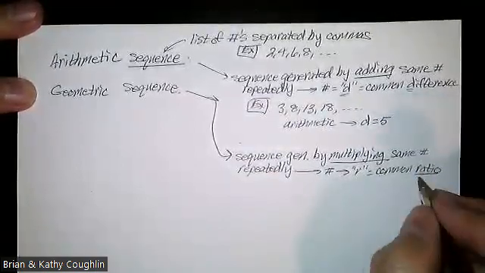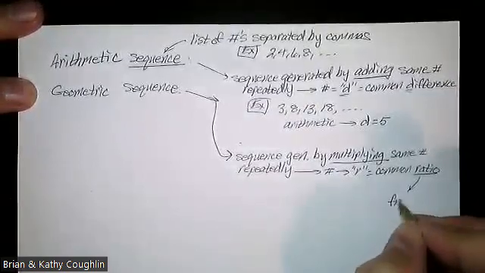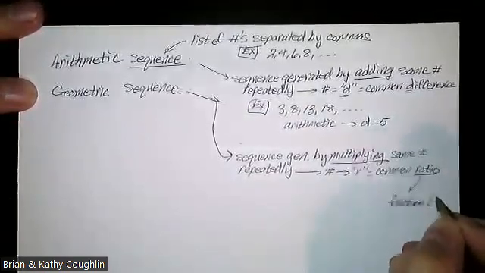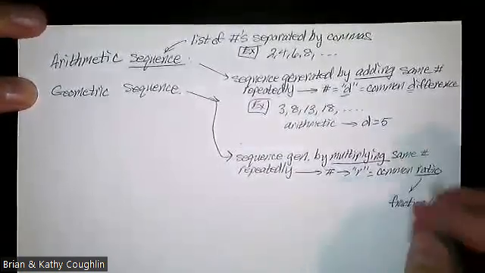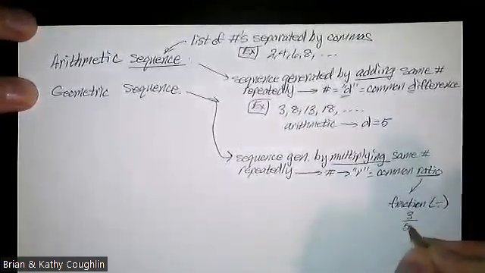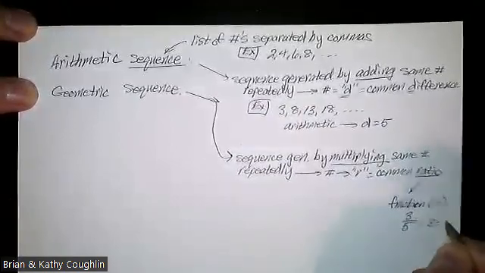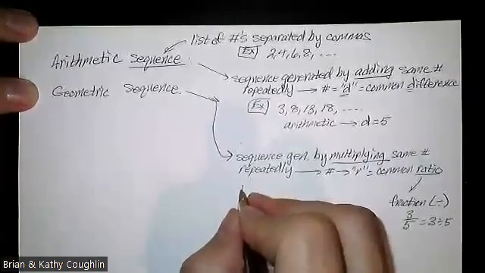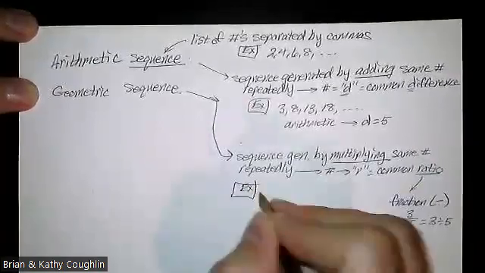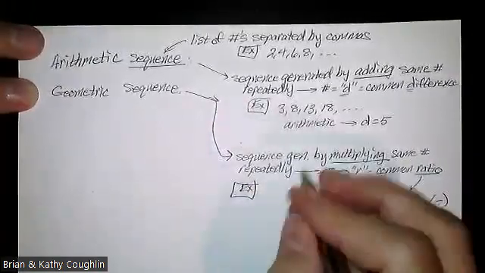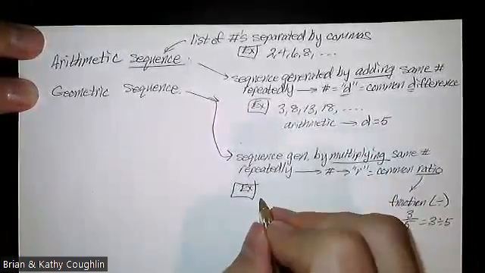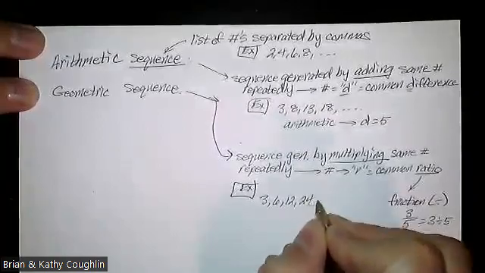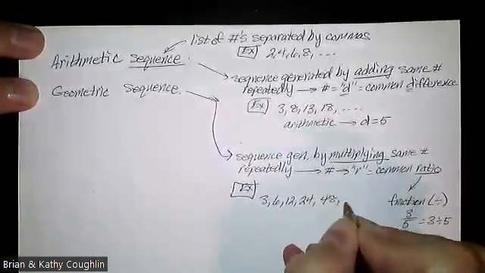Now, another word for ratio is fraction, which is a division problem in condensed form. So 3/5 is really 3 divided by 5. An example of a geometric sequence might be 3, 6, 12, 24, 48, and so on.